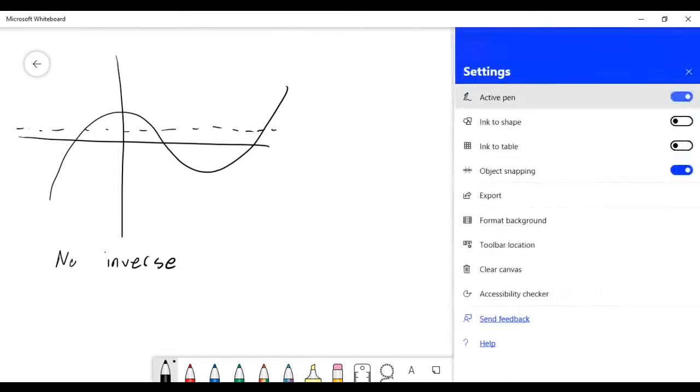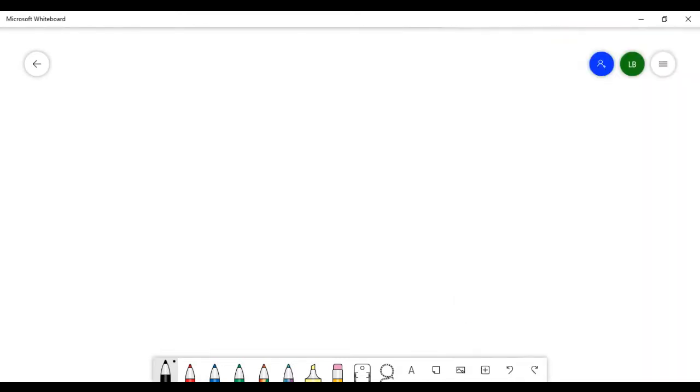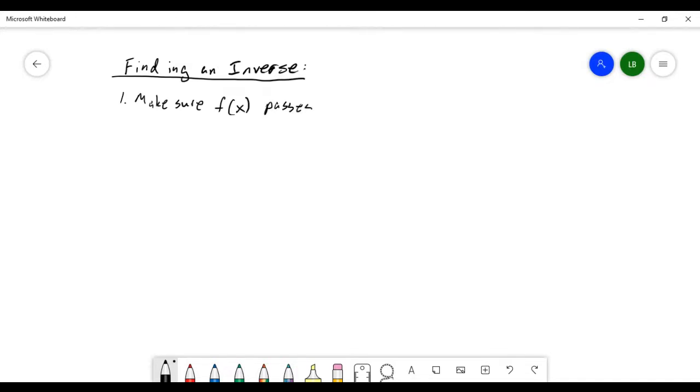Okay, so let's go ahead and talk about how you actually go about finding an inverse of a function. The first step is always make sure that your function passes the horizontal line test.